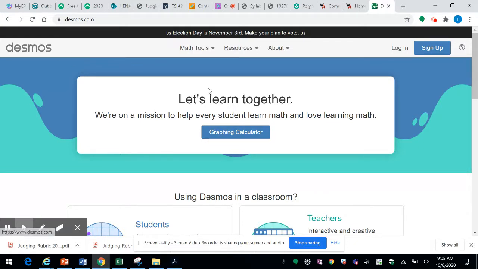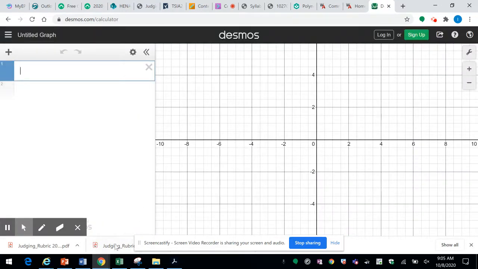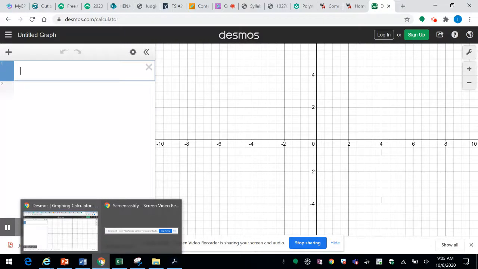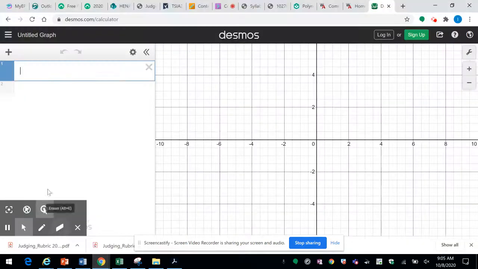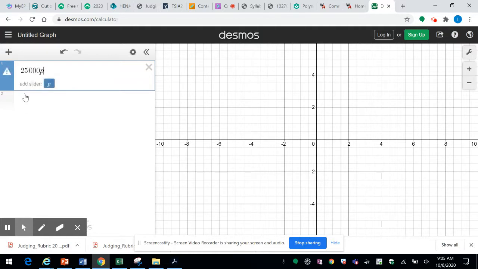So in Desmos.com, we would click on graphing calculator. And we're going to enter the equation, which is 25,000p divided by 100 minus p.